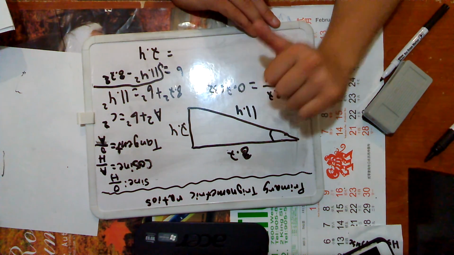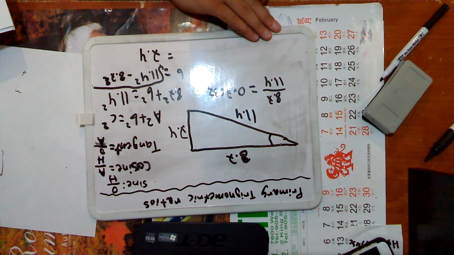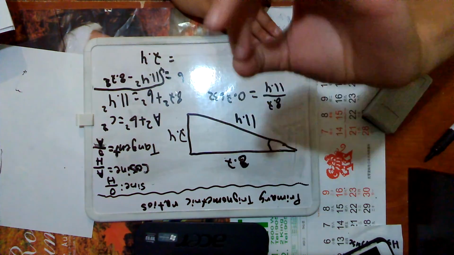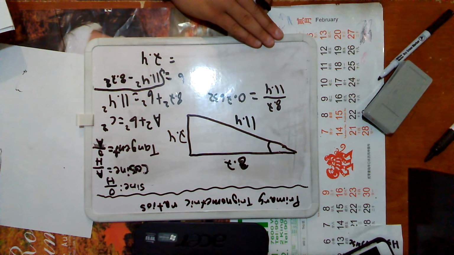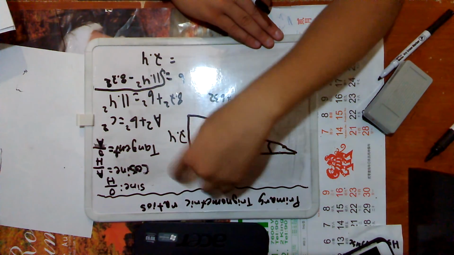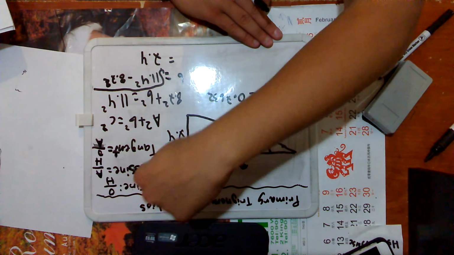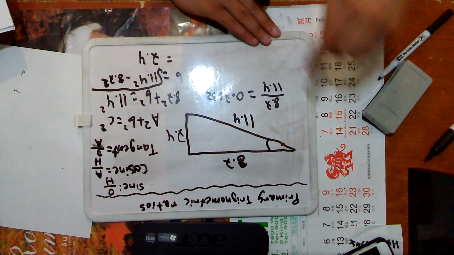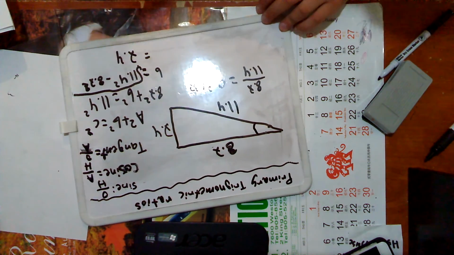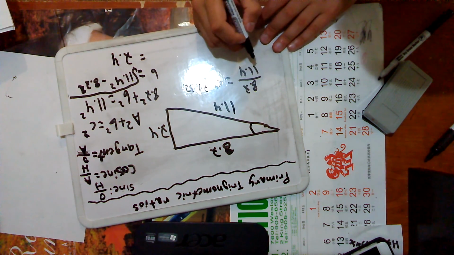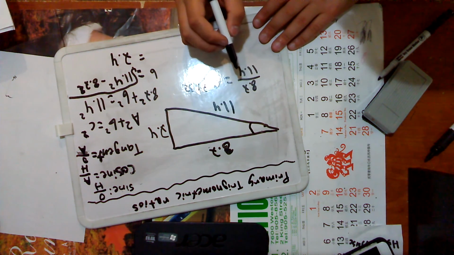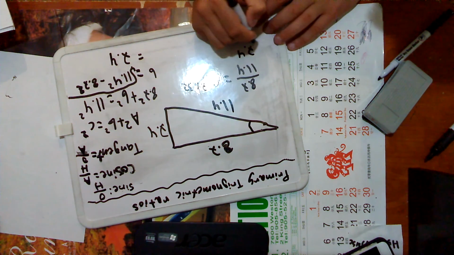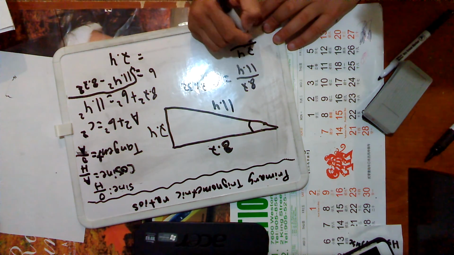Now most of you will ask, what if you want to use sine or tangent? Anything will come up with this answer. No matter what relationship you use, sine, cosine, or tangent, it will always give you this. Let's do sine. Sine is opposite over hypotenuse, 7.4 over 11.4.